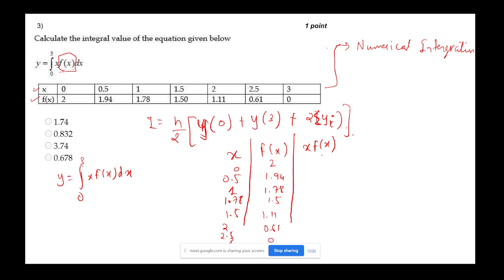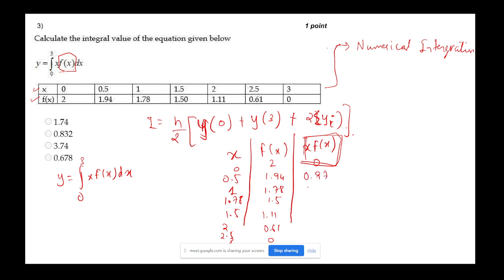So you will get one value of x into f(x). Here it will be 0, then 0.5 into 1.94 is nothing but 0.97.